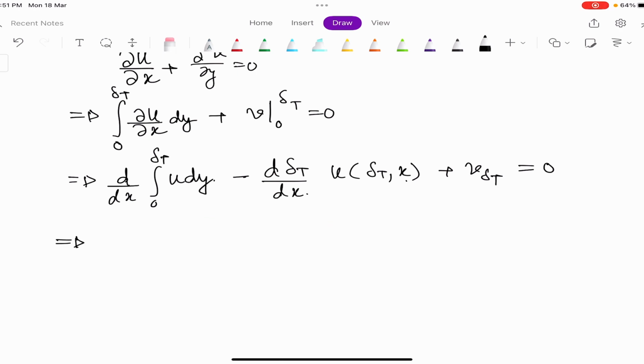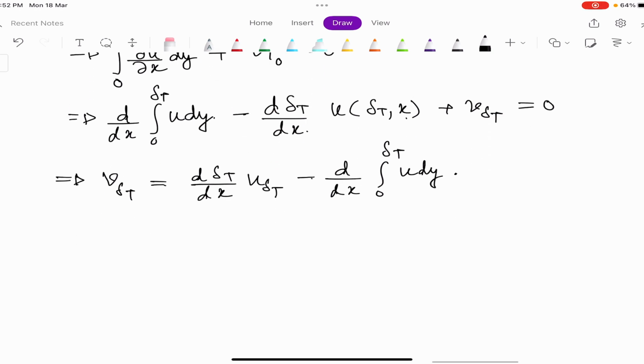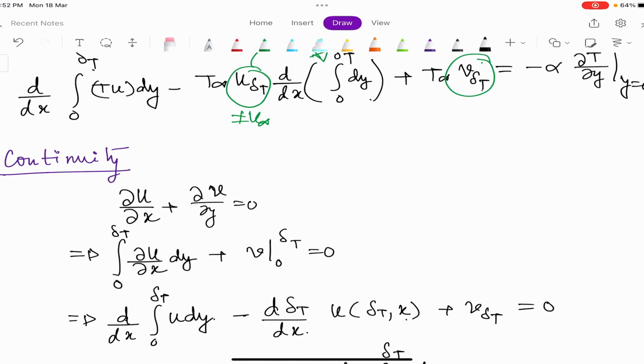Now then v of delta t is equal to what? d delta t dx into u infinity. I mean, again I am saying u infinity, but that is incorrect. I apologize for that. So this becomes this, right? Now I can put the v at delta t here, I have already derived the expression.